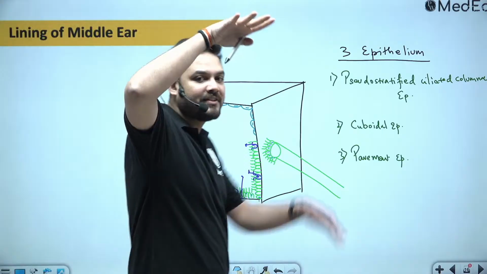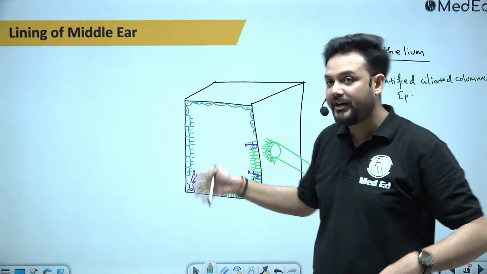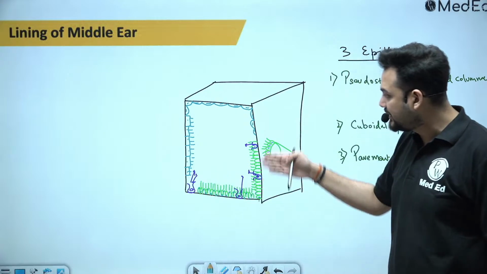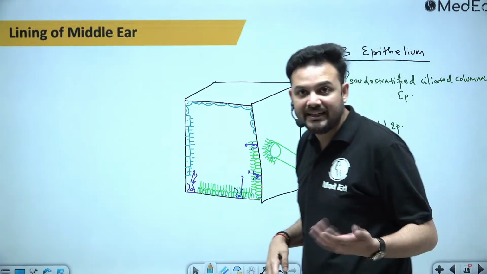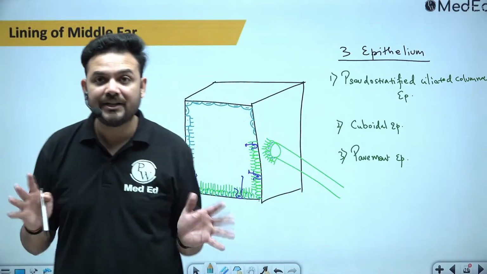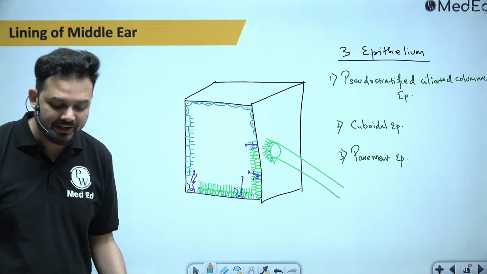So the epitympanum has got flat epithelium or pavement-like. Posterior wall of the middle ear has got cuboidal ciliary epithelium, as well as the other parts, the anterior wall, the floor, as well as around the eustachian tube, there is pseudostratified ciliated columnar epithelium, which is very rich in goblet cells, which release a lot of mucus, which creates that mucoid discharge.